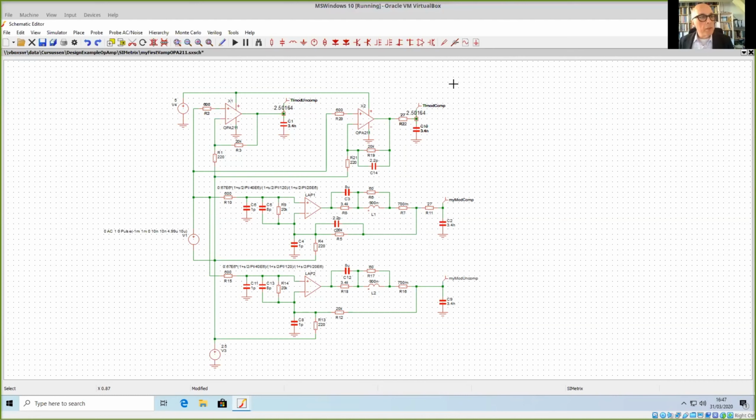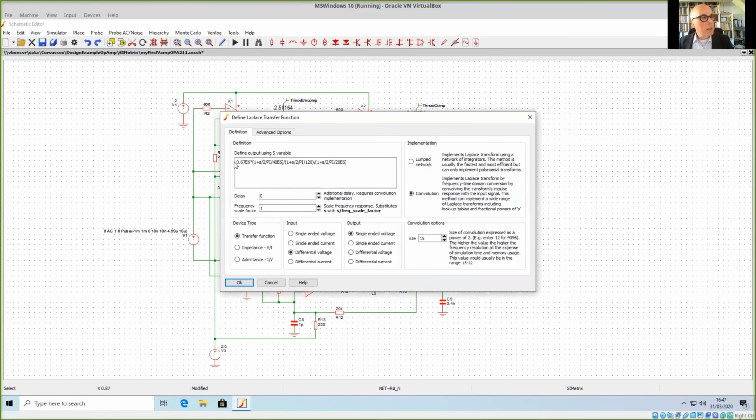And here you see the same amplifier with the macro model, and you see it is compensated. I have both the phantom zero at the output and the phantom zero here in the feedback network. So this is the TI model uncompensated and the TI model compensated. And here you see a Laplace block that has this expression that is also in SLiCAP for the gain.